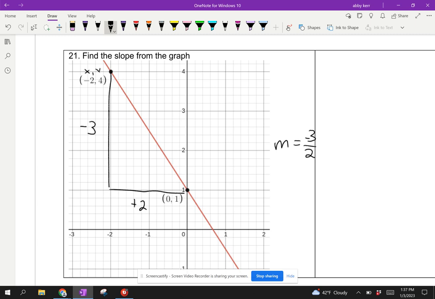Or x1, y1, x2, y2, and you plug it in. y2 minus y1 over x2 minus x1. And you would get the same answer of negative 3 over 2.